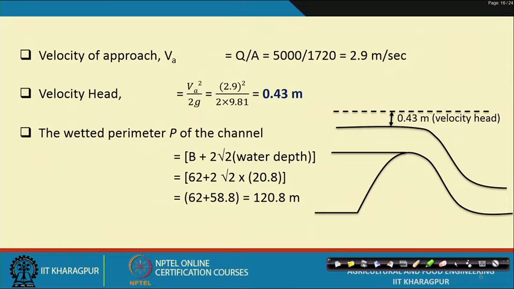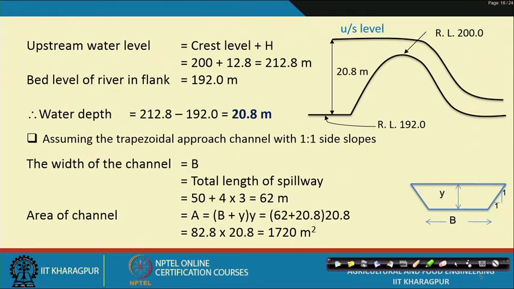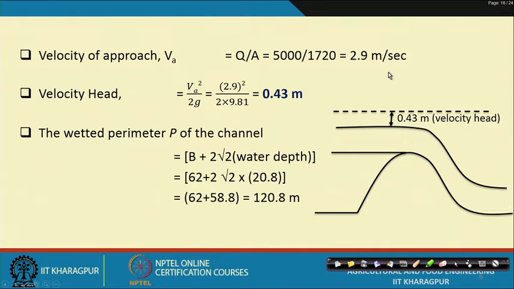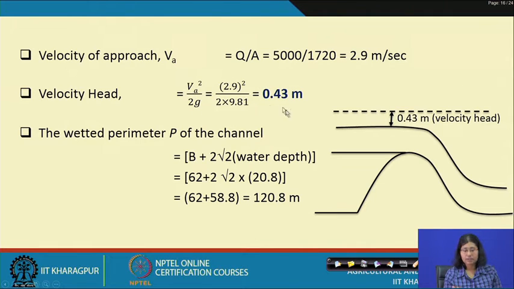Since the discharge is given in the problem as 5000 cumecs and the calculated area is 1720 square meter, we divide this and we get the velocity of approach, which comes out to be 2.9 meter per second. Now, the velocity head is v square upon 2g, which is again a calculation from the kinetic head. This now comes out to be 0.43 meter.